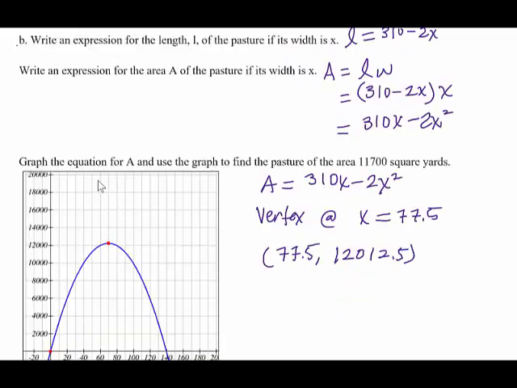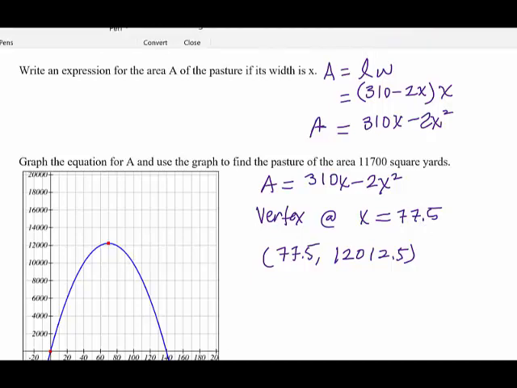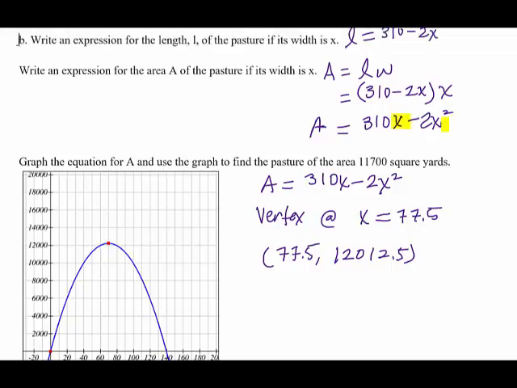And lastly, we want to graph the equation of the area, so area as a function of the width, x. To do that, we've been given a hint that the x-coordinate of the vertex is 77.5, and so I would substitute 77.5 for x and evaluate, and that gives me this y value of 12,012.5.